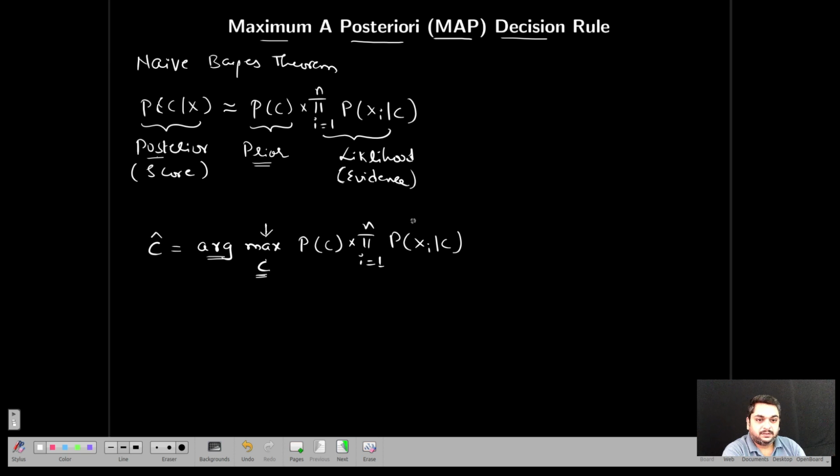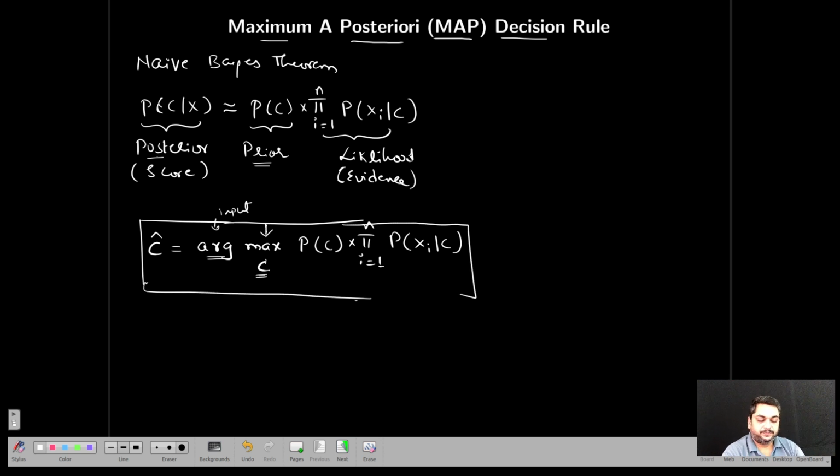The inputs here are the probabilities of all the classes, and from that I am selecting the maximum class. So this is called the MAP decision rule, maximum a posteriori decision rule. This will give me the class to which the input belongs.